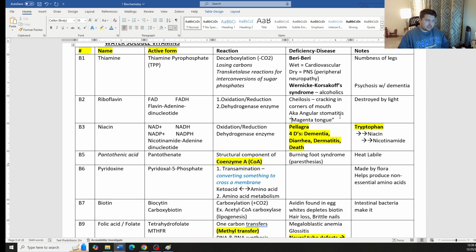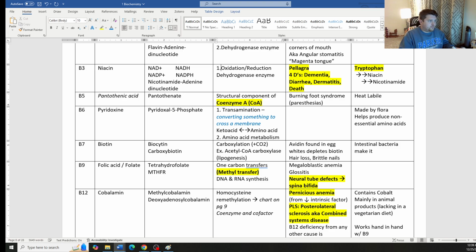You can see cheilosis with some other conditions, such as some sexually transmitted diseases, but we will talk about those more in the pathology portion. So if they mention something wrong with the diet, cheilosis, and a magenta tongue, immediately we will go to riboflavin deficiency.